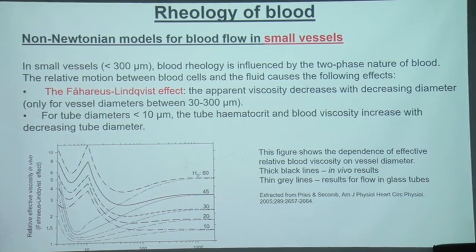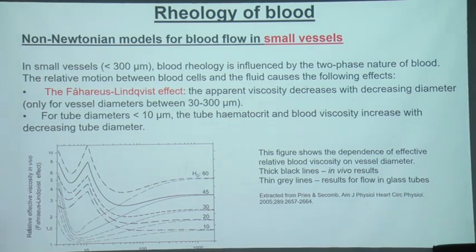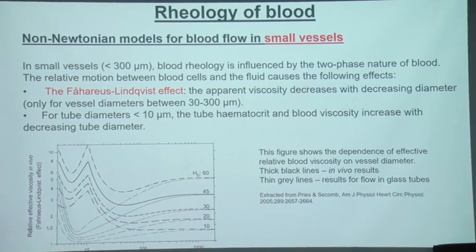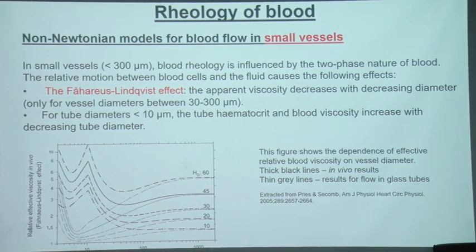Because about 45% of blood contains cells, the interactions, the relative motion between blood cells and the plasma, the fluid, will cause a different effect. And so the well-known Fåhræus-Lindqvist effect says that the apparent viscosity decreases with decreasing diameter, and this is for vessel diameters between 30 and 300 microns.